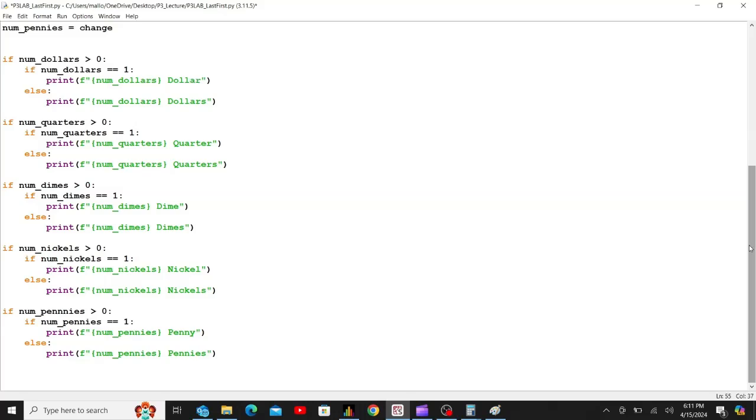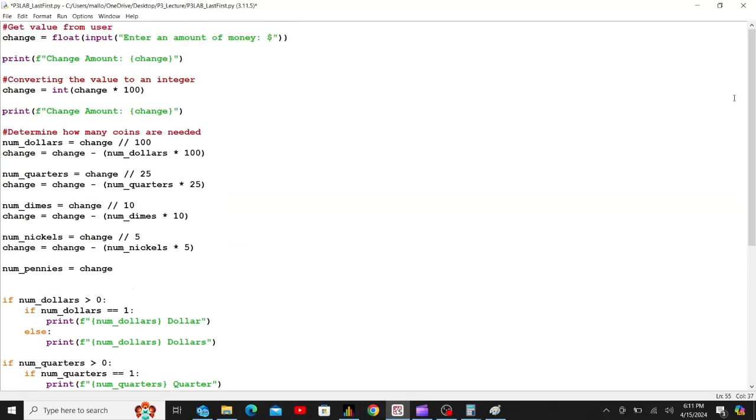So let's take one more look over our code, and then we will run it and test it out. All right. So right here, we're getting a float value from the user and asking them to give us an amount of money. Then we're just printing that out. We're taking the amount of money that they gave us, and we're essentially removing the decimal place, and we're turning it into an integer, which is a whole number.